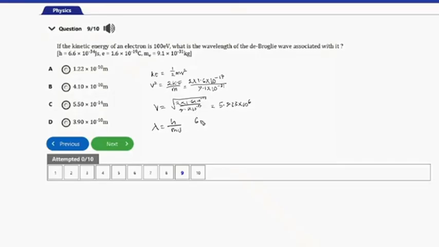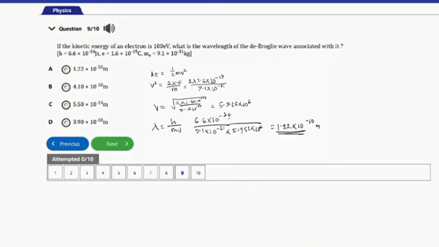So h is Planck's constant, which is 6.6 times 10 to the power of negative 34. This will be divided by the mass, which is 9.1 times 10 to the power of negative 31, times the velocity, which is 5.933 times 10 to the power of 6. So guys, when we calculate this, we'll have 1.22 times 10 to the power of negative 10 meters. And that's option A here. So that's it for this question.